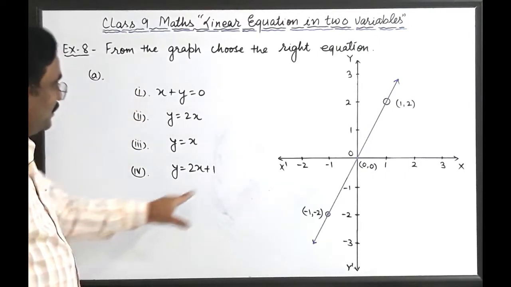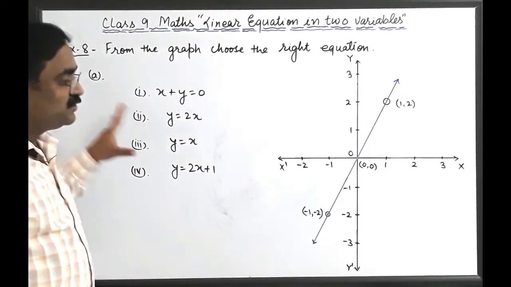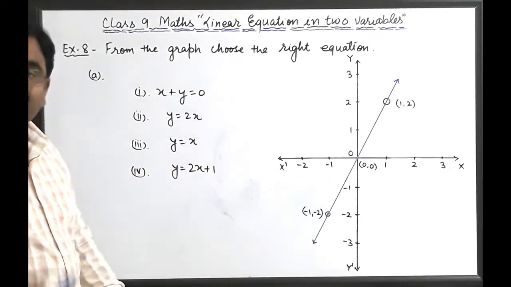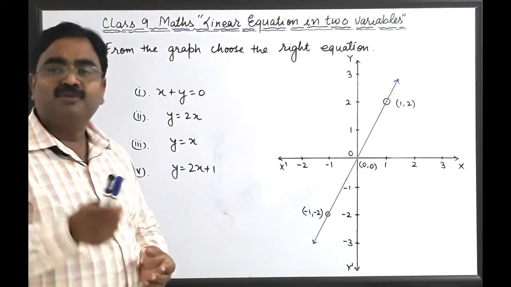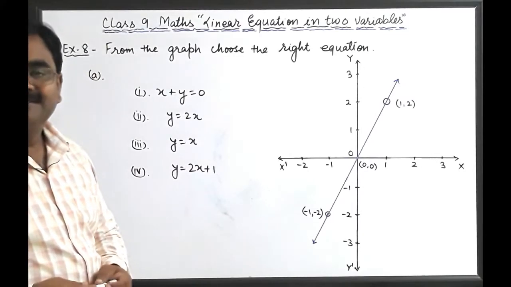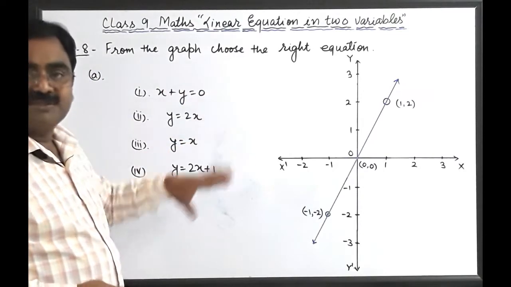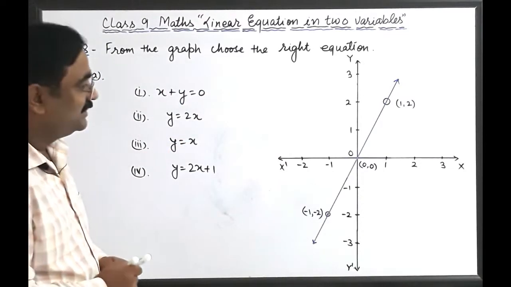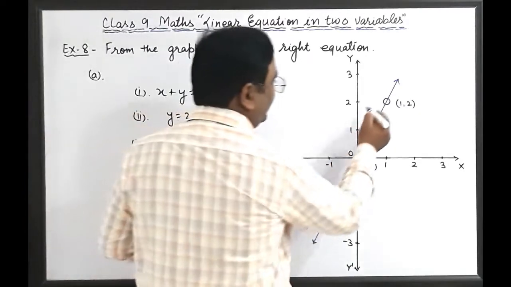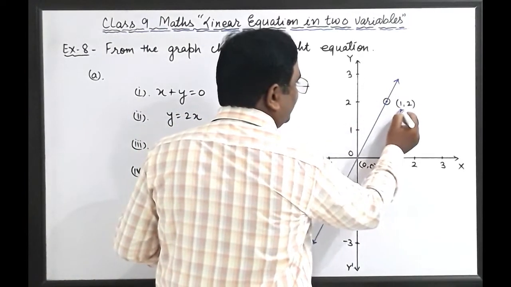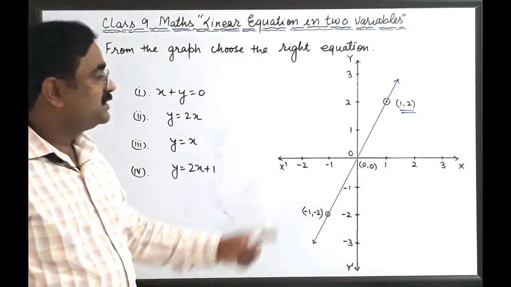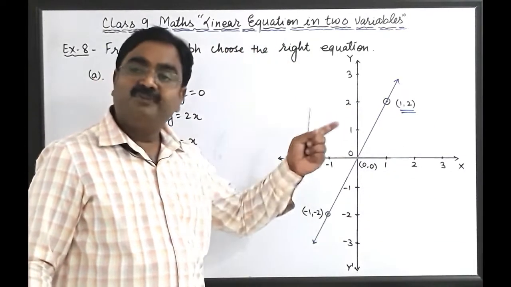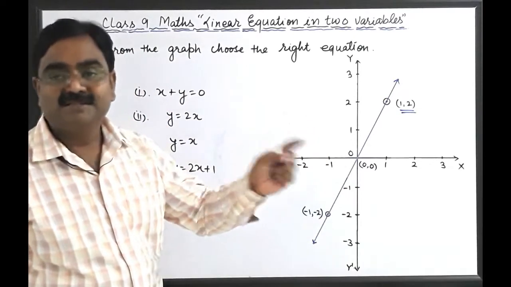Among these 4, which equation is the equation of this given line? Right friends? So children, first we study the coordinates to find out the equation. The first point is given here, its coordinates are (1, 2). It means the value of x is 1 and the value of y is 2.